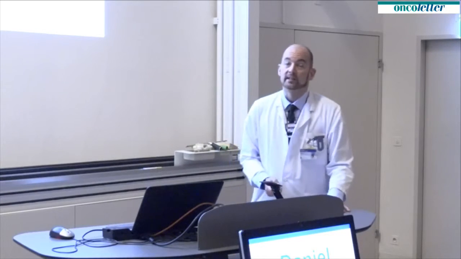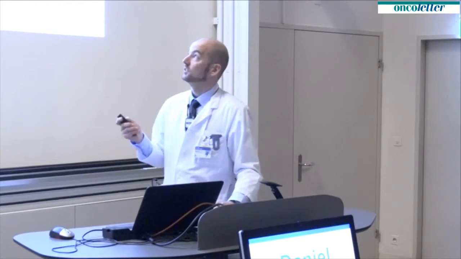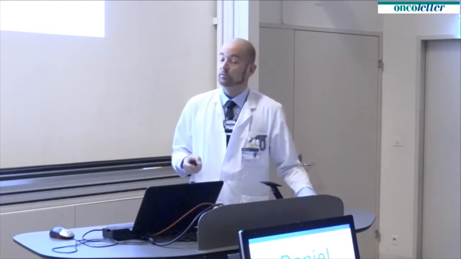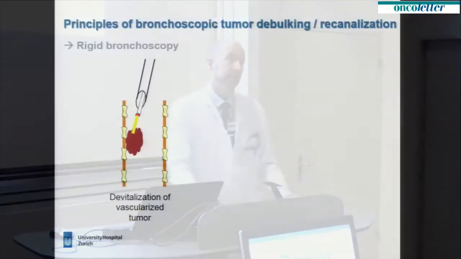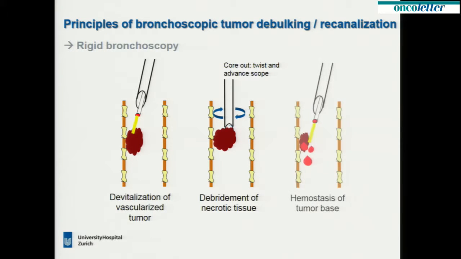It is highly recommended to do this by rigid bronchoscopy, and the technique is as follows. You take the rigid bronchoscope, then you use the laser to devitalize the tumor tissue. Then you core out by twisting and advancing the scope, and at the end there is a hemostasis, again with laser or with argon plasma.